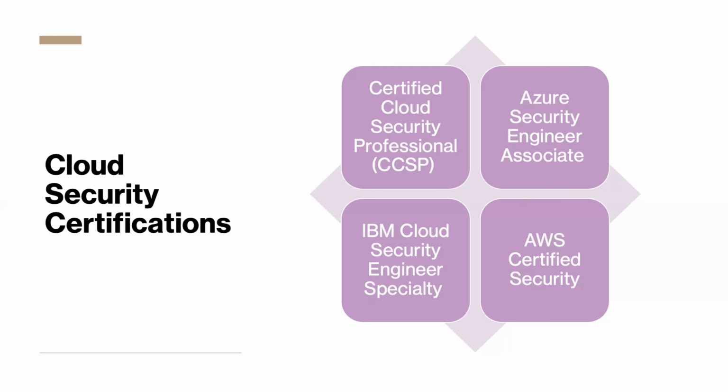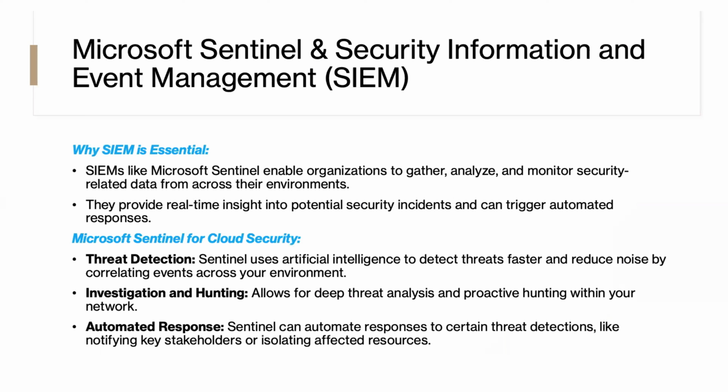But again, this slide is just providing you generally all of the major types of cloud security certifications. These are the two most important ones, and that's why our training and syllabus is structured and focused around them, so that if you want to get the certification in addition to your practical hands-on IT training, you'll be confident and comfortable going out to get those certifications. But apart from that, other certifications out there are the IBM Cloud Security Engineer and the AWS Certified Security certification as well.